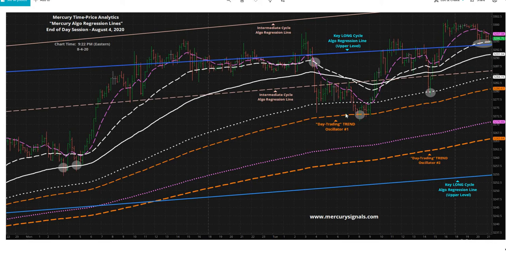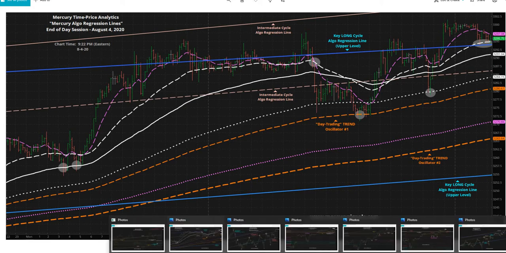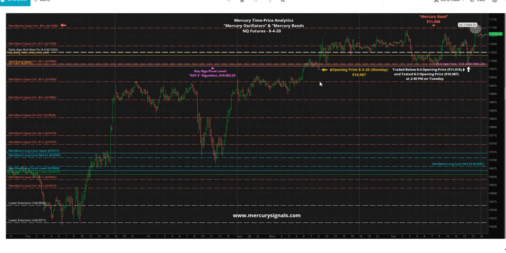Now, the horizontal lines that you see on our charts, like this, these are a second derivative of our algorithmic oscillators. So all we're doing is looking at the algorithmic oscillators at particular points in time, and the algorithm takes that price point and gives us these lines.